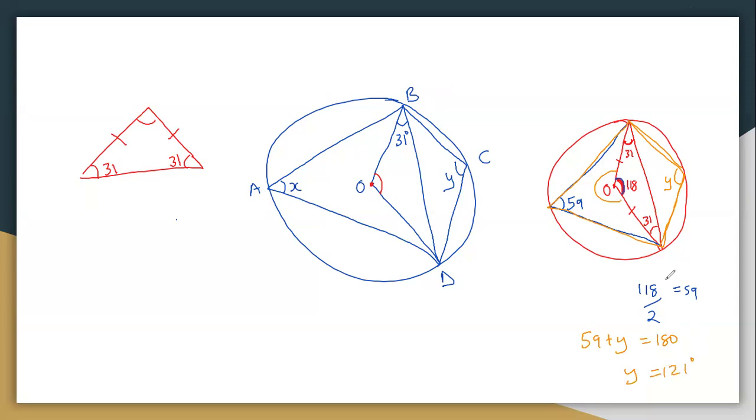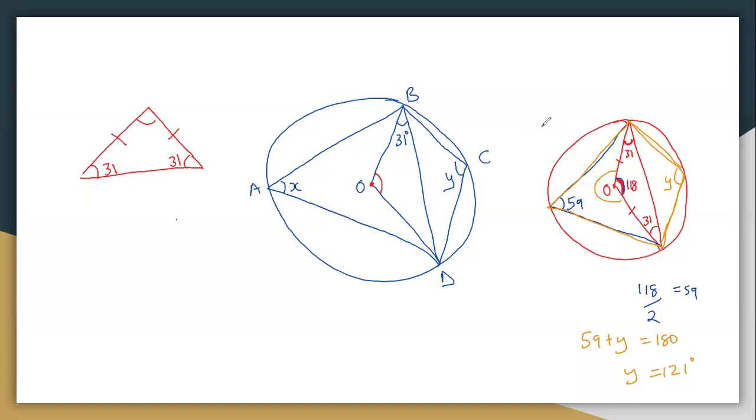Kindly. Okay, yes, Patricia. The alternative. Okay, for me, in order to find x, when I got the angle DOB, that's 118, I said that angle DOB is equal to twice angle DAB.